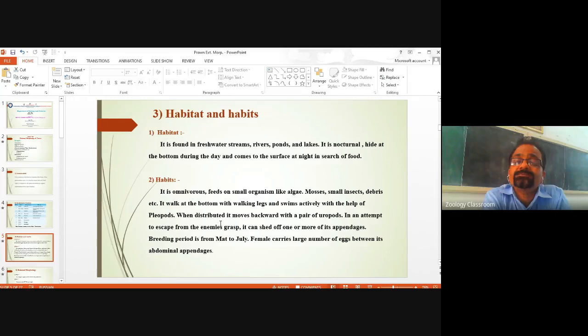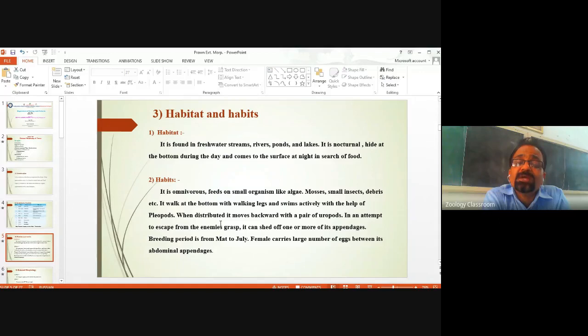Yes, it is a very common household pest which we often see in our houses. Can you tell me? This type of behavior is also shown by some other animals.